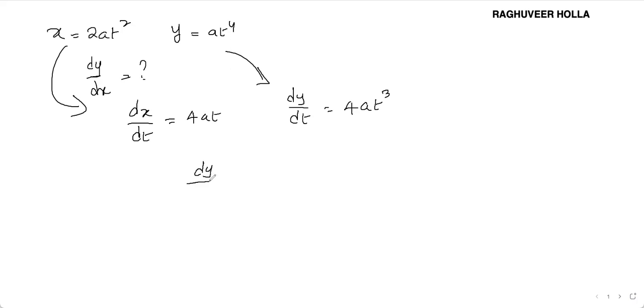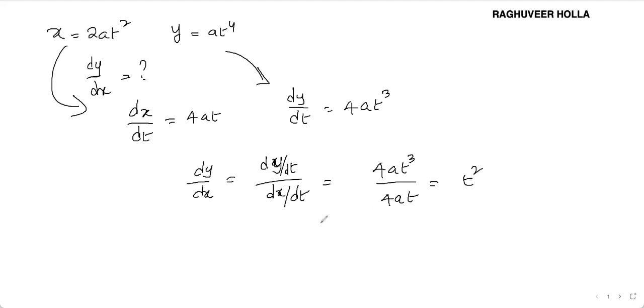Now dy by dx is dy by dt divided by dx by dt, which results in 4at cube by 2at, which is equal to 2t square. So we got dy by dx is equal to t square, without eliminating any variable. Let us solve another problem.